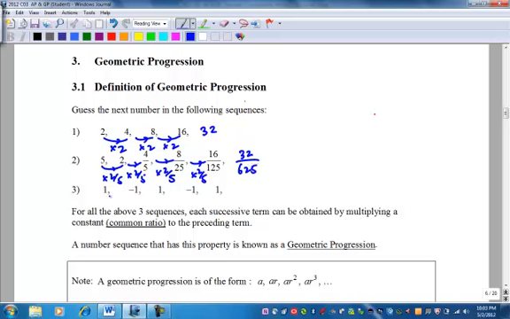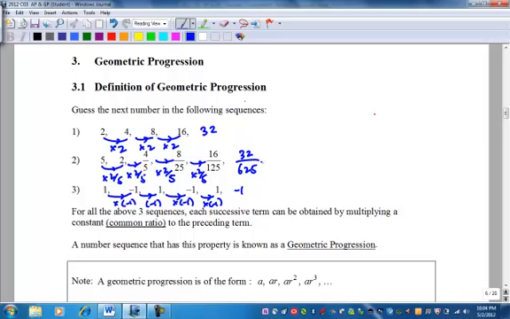For sequence number 3, we can see that from one number to the next, the sign changes. That means we multiply by -1, and therefore the next term should be -1.